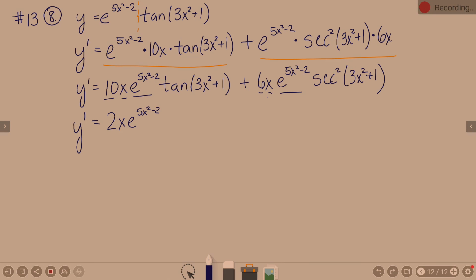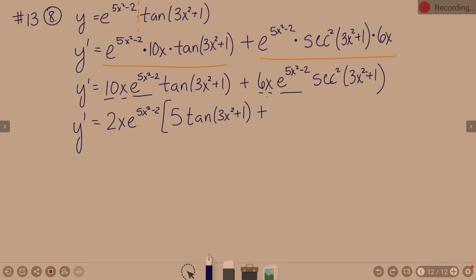So now in parentheses, actually I think I might even use brackets here. 10 divided by 2 is going to leave me with 5. X's cancel, e's cancel, and I also have a tangent of 3x squared plus 1.